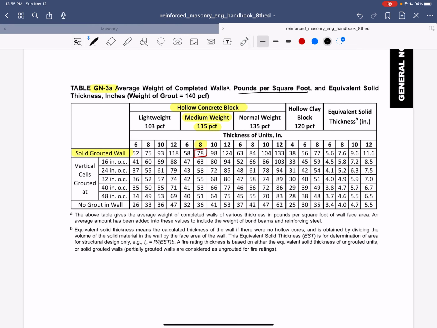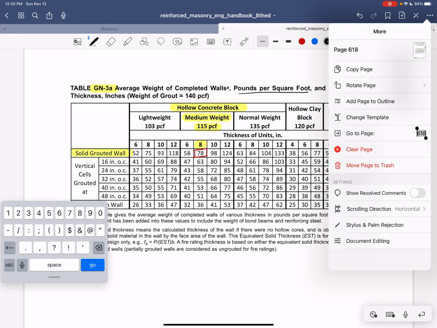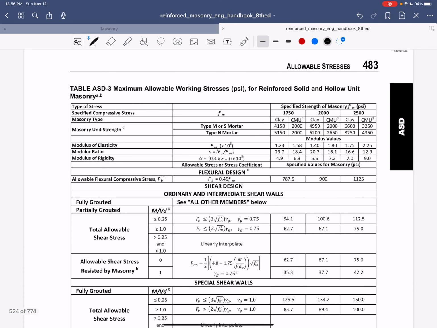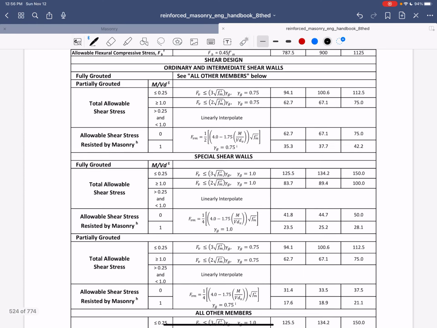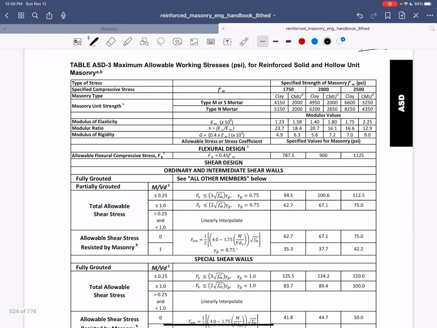Let's go take a look at that in the handbook real quick. Go to page 524 if you're following along on your sheet, and it's 483 in the book. All right, so allowable working stresses, so ASD, for reinforced solid and hollow unit masonry, which is us.